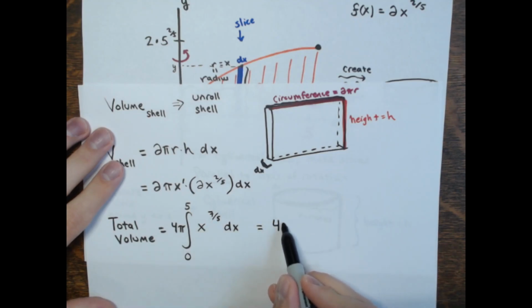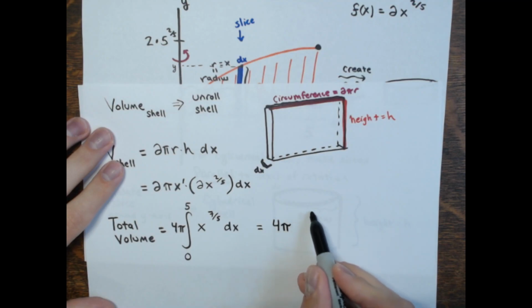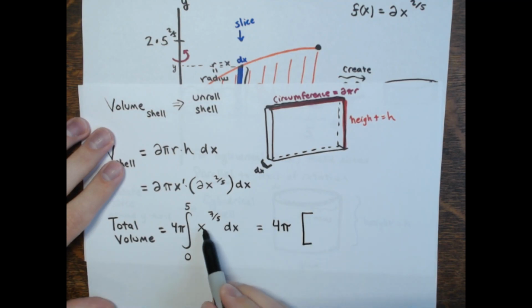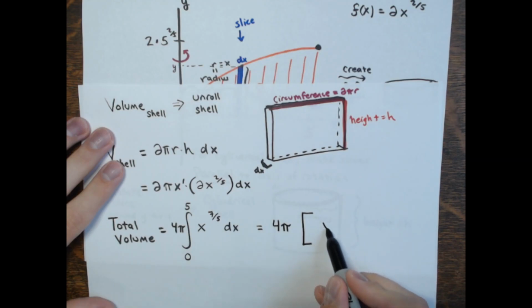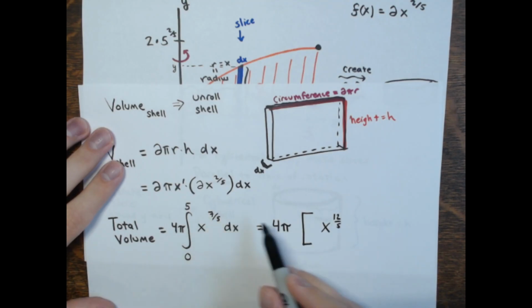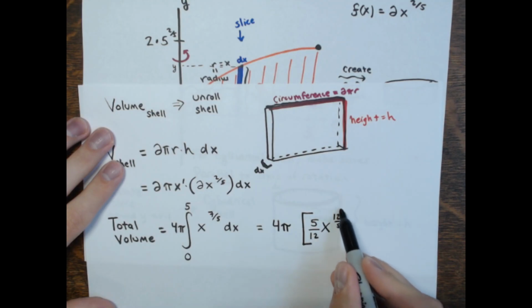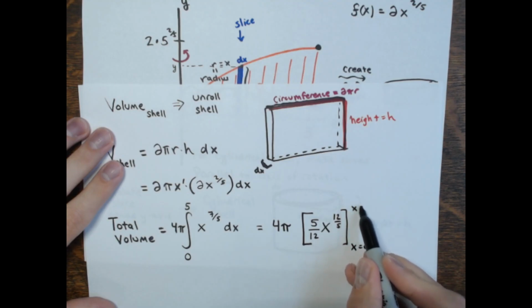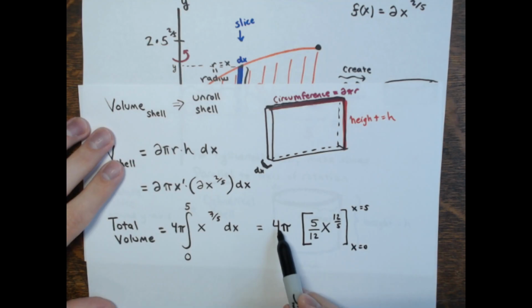Okay. And this is a simple power rule thing. I can integrate this pretty easily, right? This would be 4 pi times the antiderivative of x to the 7/5. That'd be x to the 12/5, because you're adding 5 over 5, and then times 5/12. And we're evaluating this from x equals 0 to x equals 5. And I could pull the 5/12 out of this, right? Again, another constant multiple here.